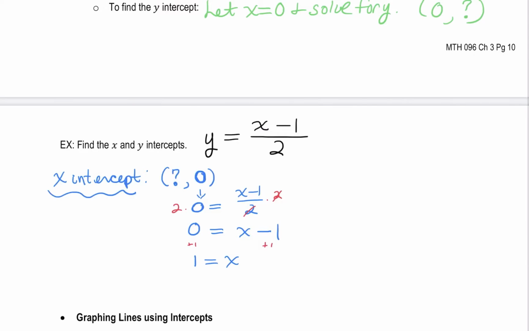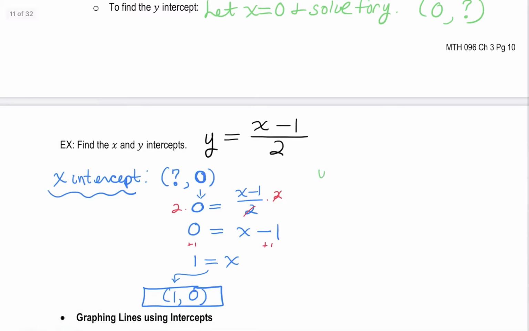So now to complete this ordered pair, again, this is now what the x-coordinate is, given that we started with the y-coordinate of 0. So that is our x-intercept as an ordered pair, 1, 0.